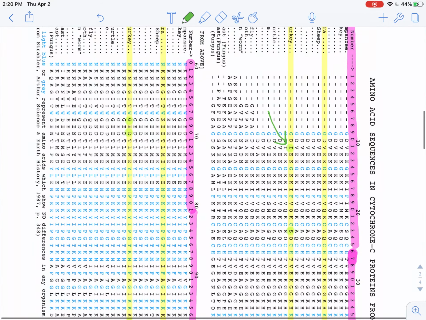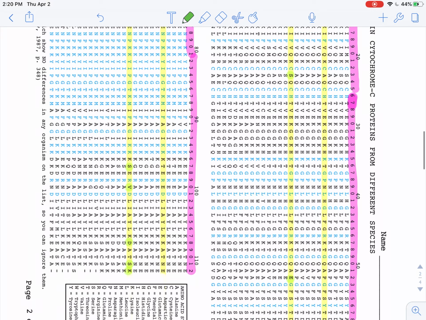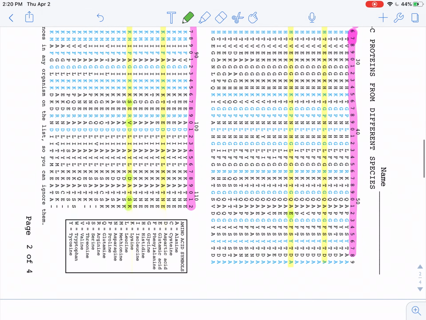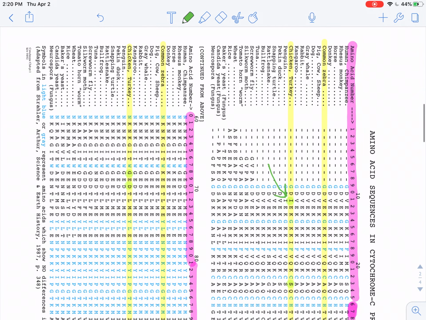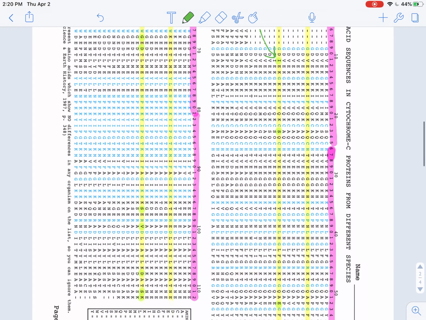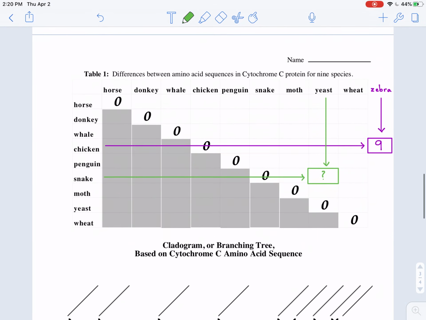Okay, so I've highlighted that in green, and you can see that I've done that a few times throughout these rows. So if I was required to figure out the number of differences I see in the cytochrome C protein between the common zebra version versus the chicken/turkey version, I would simply count up those differences, and that's what I'm going to fill out in this next table.